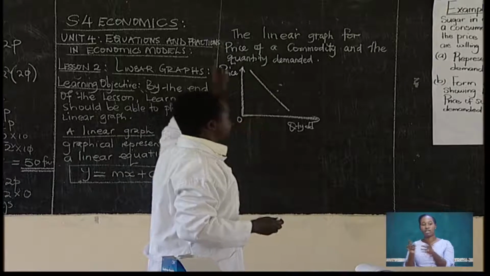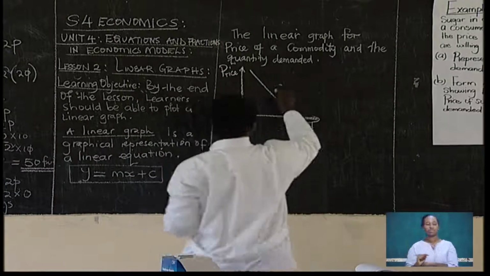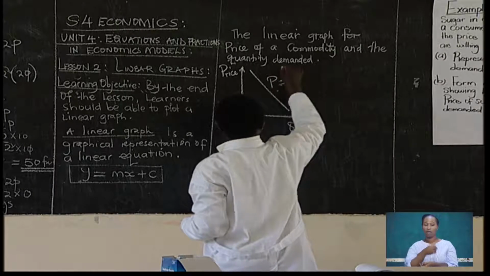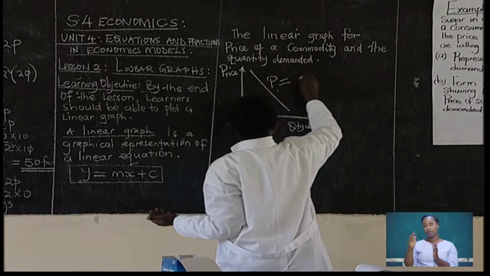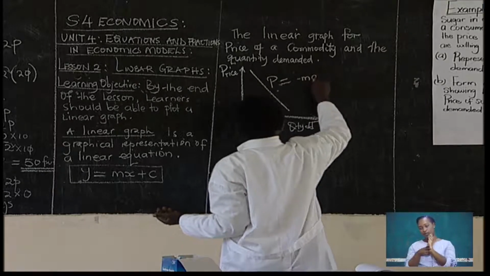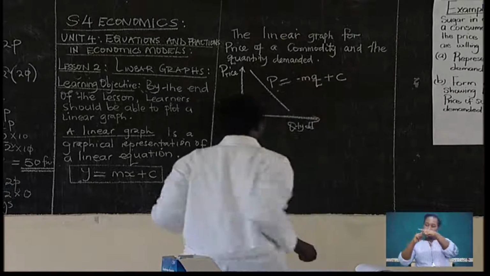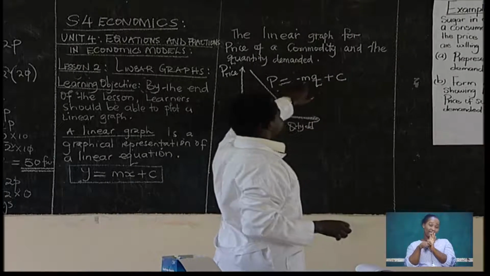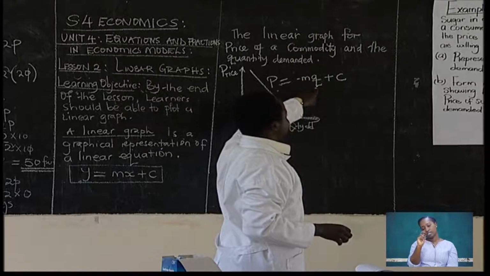As price increases, quantity demanded reduces, and vice versa. Therefore, our general equation of this graph would be P equals negative mQ plus c. So this negative m is the gradient, the slope. Q is quantity demanded, and c is a constant.